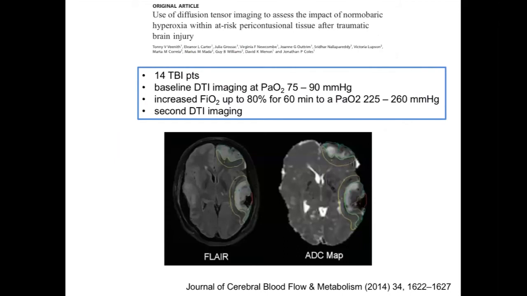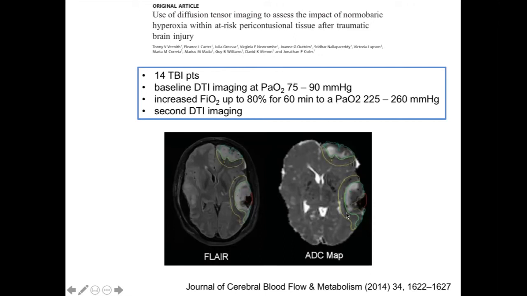Indeed, again, the group in Cambridge published this other paper, and they used MRI focusing on diffusion tensor imaging, 14 patients, and basically they highlighted some areas of the brain, the core of the contusion, here the black, the mixed intensity tissue is the part of the contusion with mixed blood and edema, and then there is a pericontusional ring, it's 1 centimeter of what we know is cytotoxic edema.